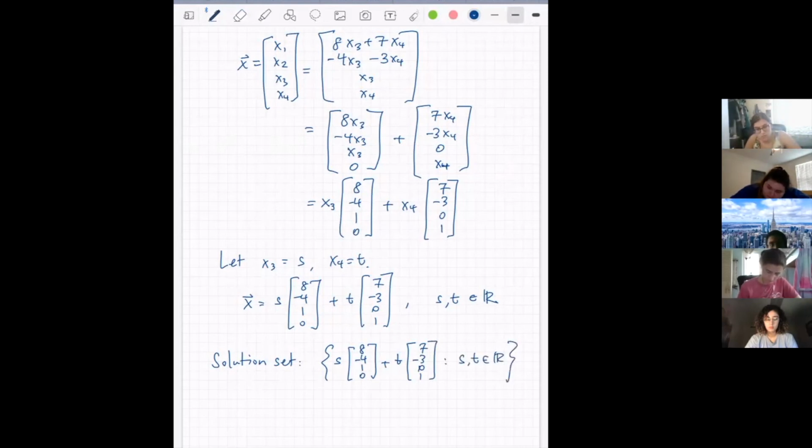And then, like I mentioned before, this is just the span of these two vectors. So in fact, our solution set is equal to the span of these two vectors that we found.